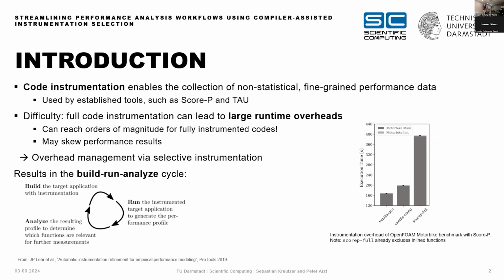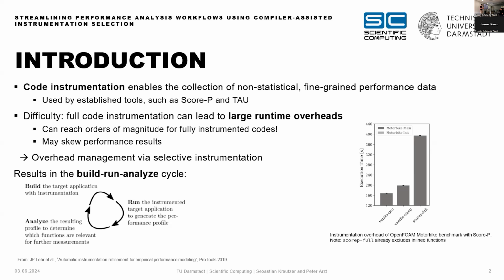You can see the first two are GCC and Clang measurements, and then on the right there's the initial Score-P measurement using full instrumentation, and that's about 2 times slower, even with the pre-filtering that Score-P does. So overhead management is really key and can be done via selective instrumentation.